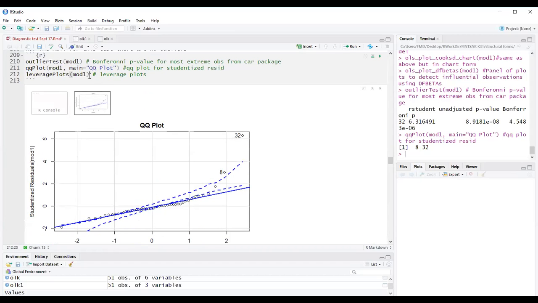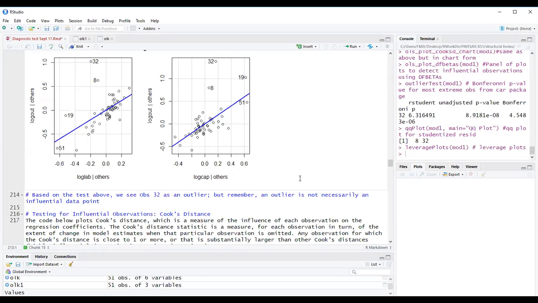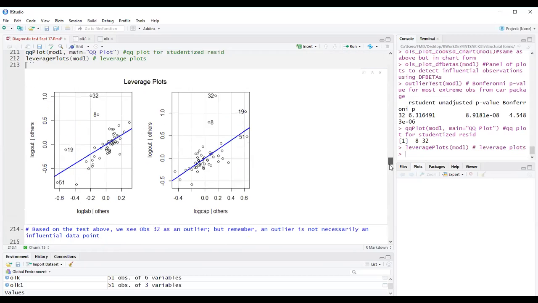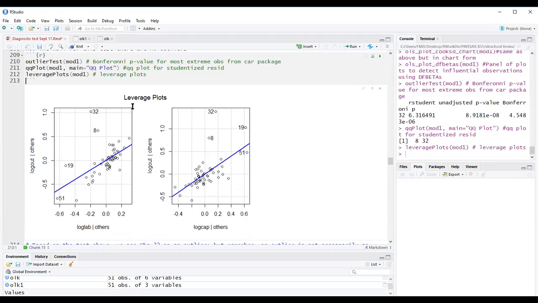And then, tingnan naman natin yung leverage points. Okay. Ito yung parang pareho sa residual leverage points. So sino yung mga may leverage? So, yan, no? Consistent sila eh.